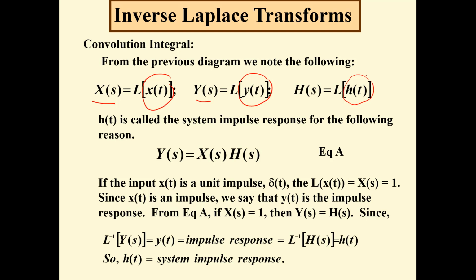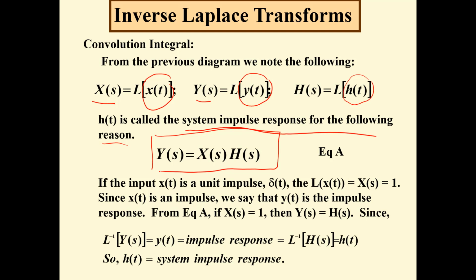Okay, so h(t) is called the system impulse response for the following reason. We can use this: Y(s), the output in the S domain, is equal to X(s) H(s). X(s) is the input to the system, and H(s) is the impulse response in the S domain.